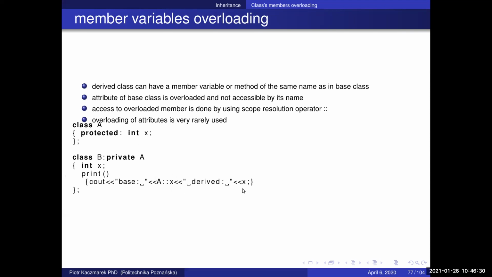So whenever you write x, it means the attribute which is the nearest, so it will always be the x of class B. But you can use the scope operator, so you can literally tell the compiler that you mean the x defined in scope A, so defined in class A. So it is similar to the case I showed you last time when the argument name was the same as the attribute name, and the same as a global variable name. The same way you can use the scope operator.